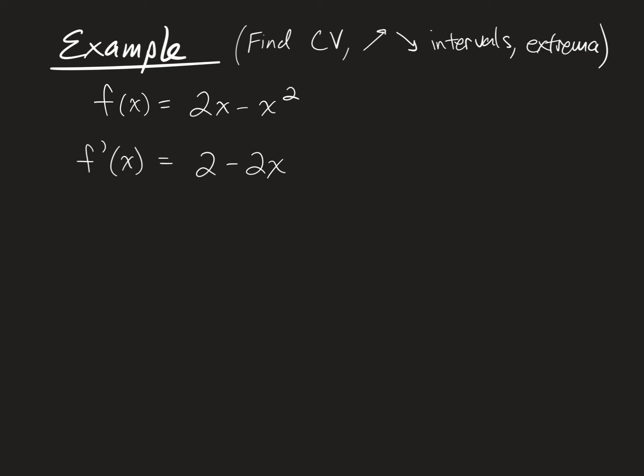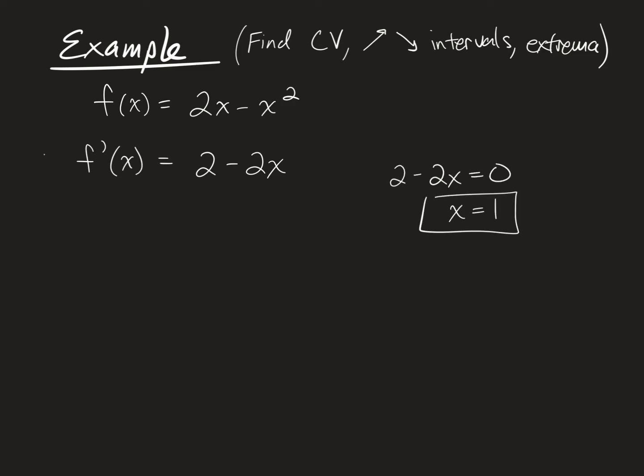So here we have to check for denominators. Remember, critical values are where the derivative equals 0 or where the derivative is undefined. But since we're dealing with a polynomial, there are no undefined values here. So we just have to set this derivative 2 minus 2x equals 0 and solve for x to find the only critical value of 1.